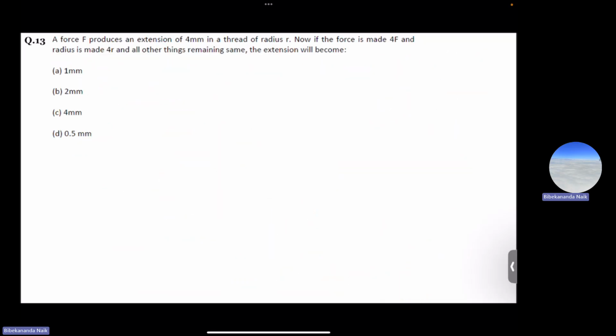So with this we come to question number 13. It says, a force F produces an extension of 4 mm in a thread of radius r. Now if the force is made 4F and the radius is made 4r and all other things remain the same, the extension will become: option A 1 mm, option B 2 mm, option C 4 mm, or option D 0.5 mm. Again this is similar. So we know l is FL by AY.